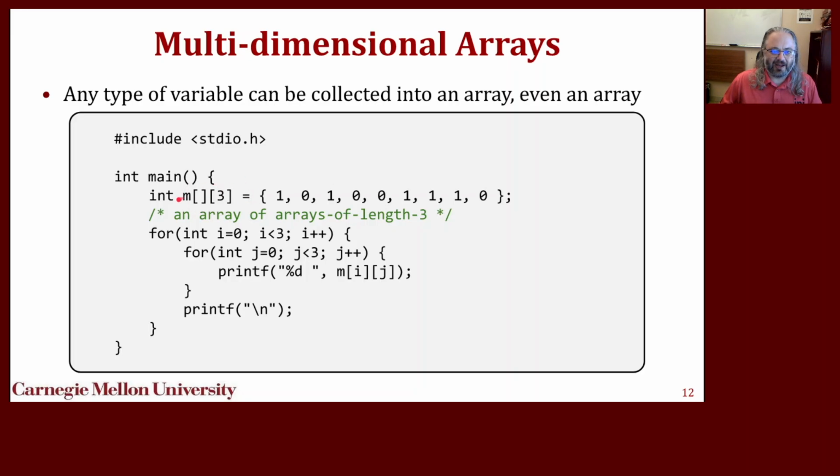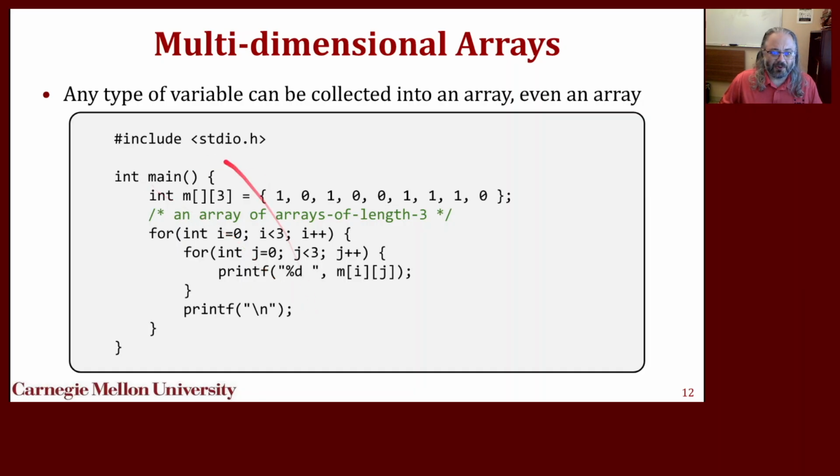So this is going to say, okay, there are 9 integers. You want an array of arrays of length 3. That means this outside array is also going to have length 3, because that's how much data you gave me. The compiler knows how to handle that. It knows that this is essentially creating a 3x3 table or a 3x3 matrix.